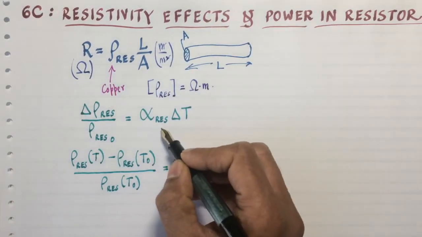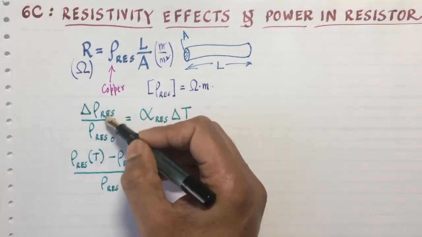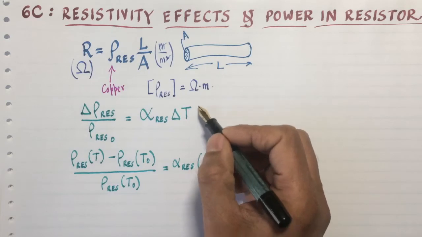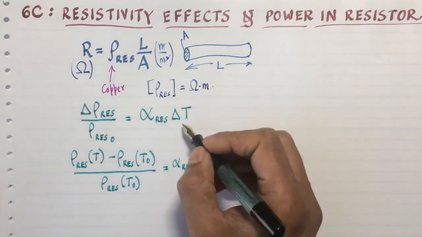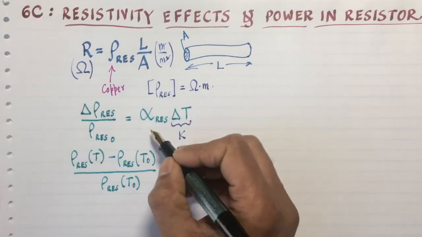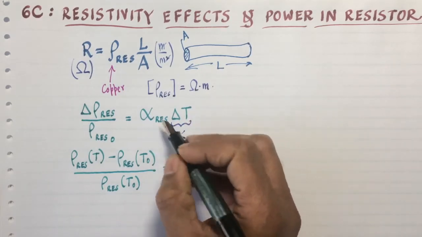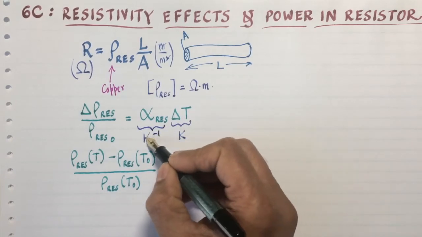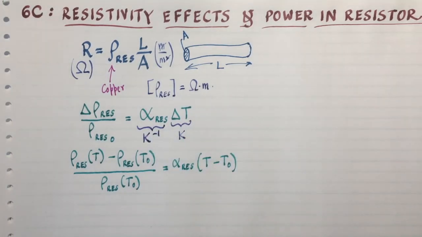Now what about alpha res? That's a fraction, so it does not have any units. Alpha res times delta T also will have no units. But delta T is measured in Kelvin or degrees Celsius, but the SI unit is Kelvin. So alpha res must be measured in inverse Kelvin. So alpha res units are inverse Kelvin.